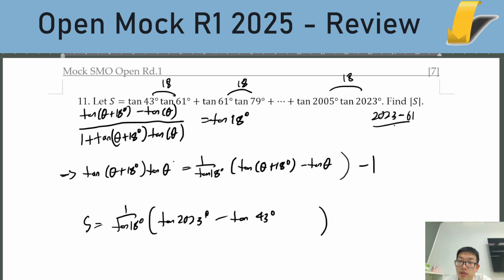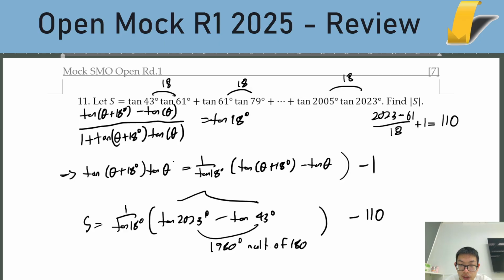The number of terms is 110, meaning that there are 110 of these minus ones. This is 0 because 1980 degrees is a multiple of the period, which is 180 degrees. So it disappears.